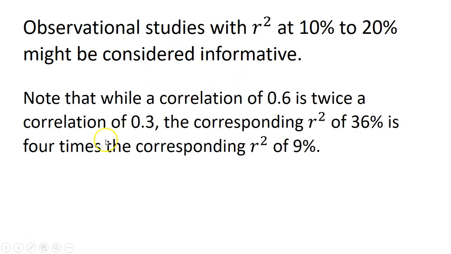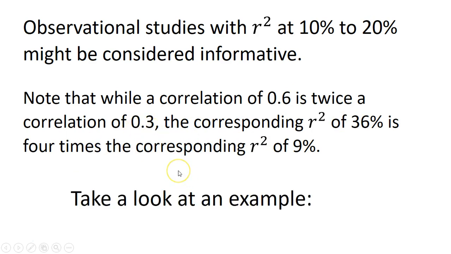Note that while a correlation of 0.6 is twice a correlation of 0.3, and it is, the corresponding R squared of 36% is 4 times that, which is 9%. So let's take a look at an example.